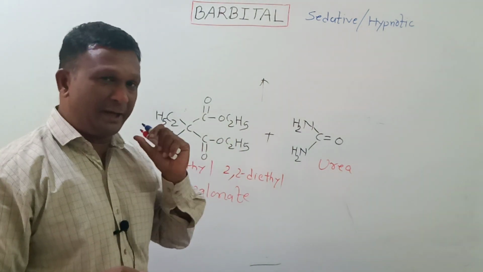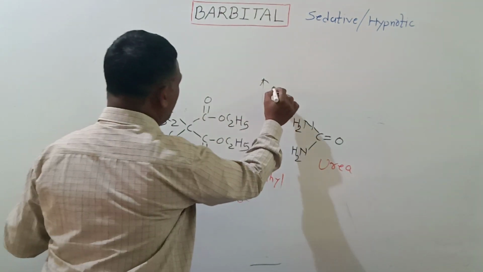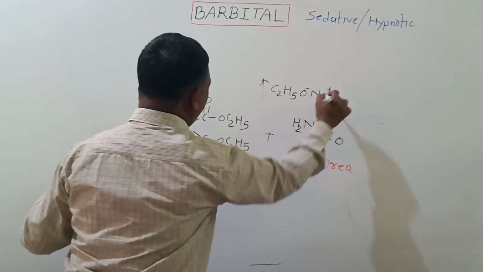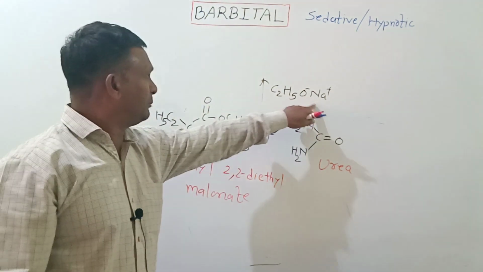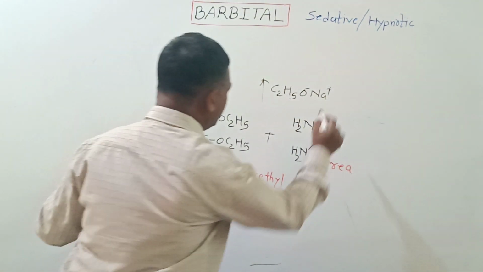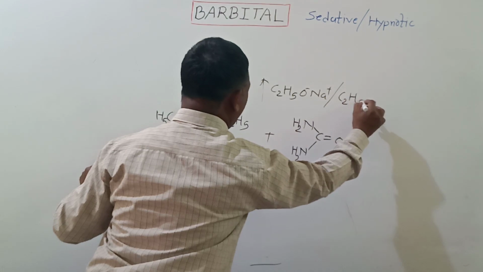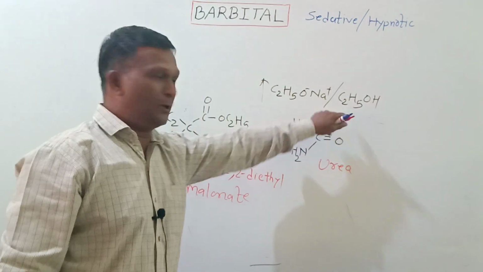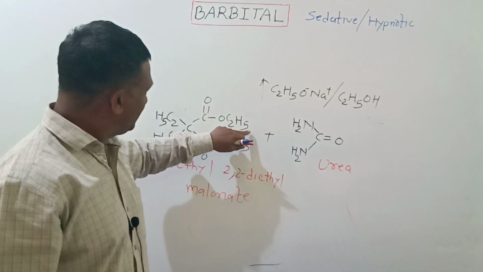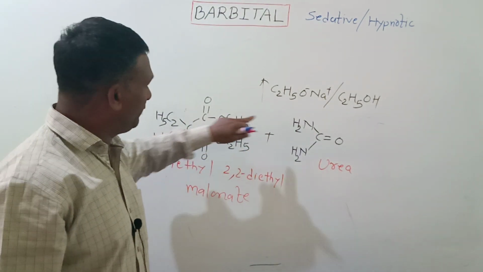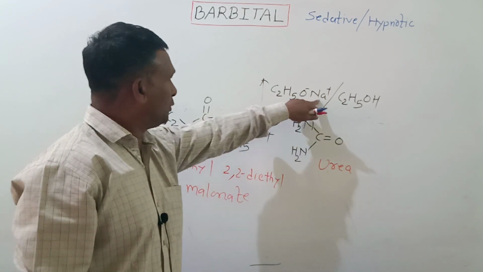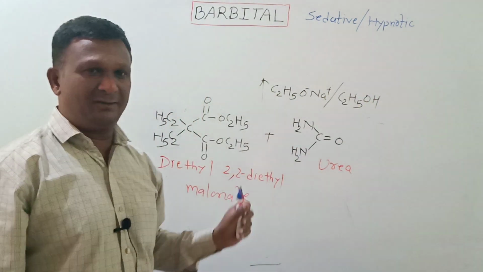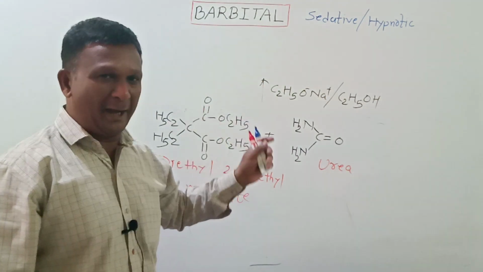So the solvating mixture has to be used like this, C2H5O minus Na plus, which is called sodium ethoxide, and we have to use its other part, the ethanol. So due to the presence of this ethoxy group, we will use this solvating mixture, sodium ethoxide and ethanol, so as to minimize the number of byproducts.